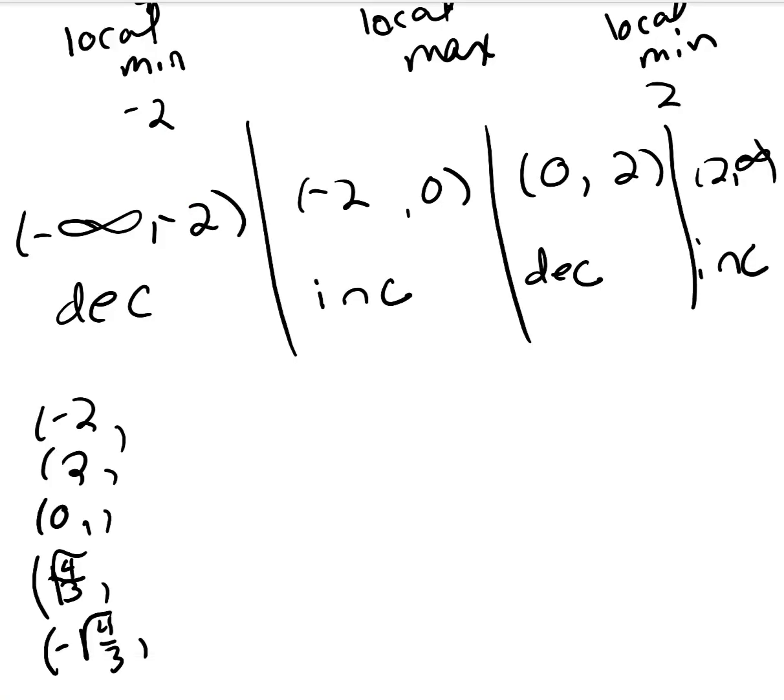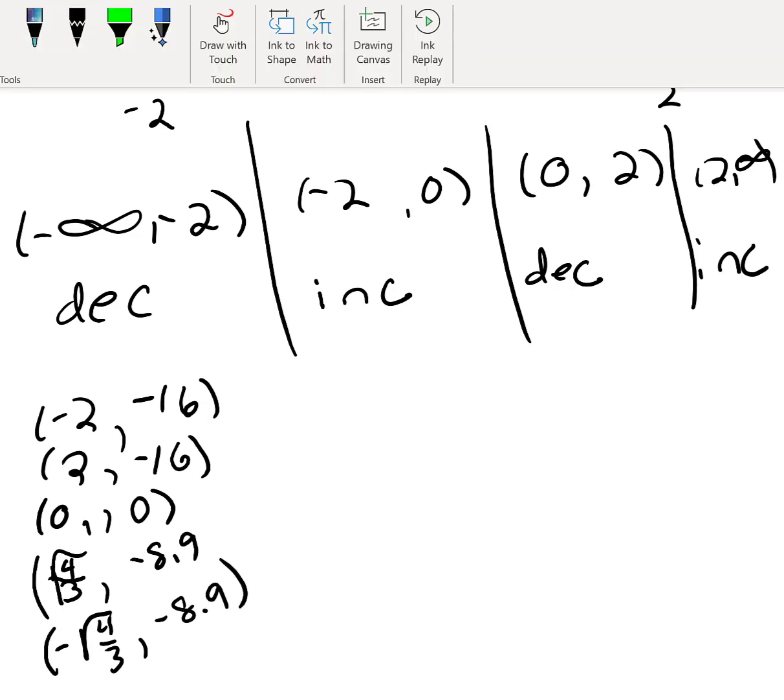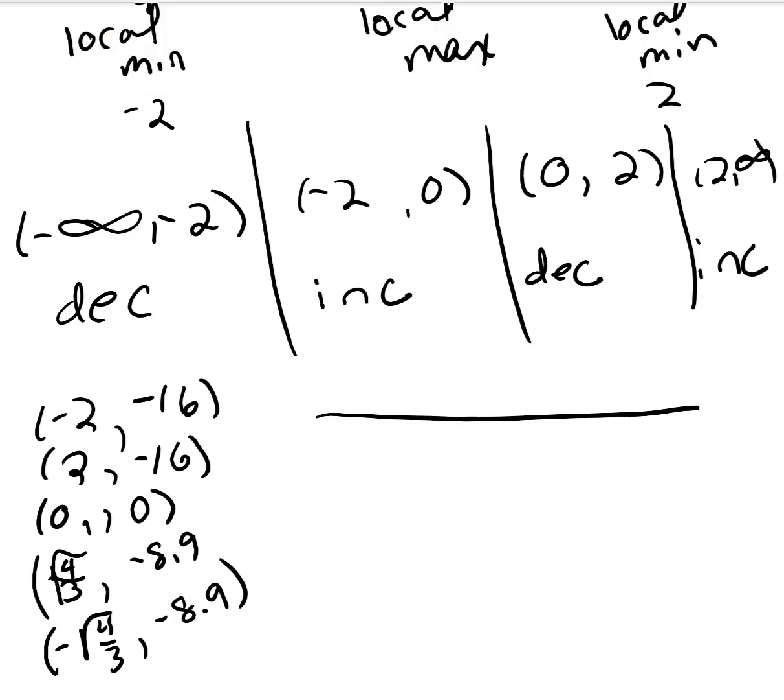So now we know -2 is -16, +2 is also -16, 0 we know is 0, and square root of 4 over 3 and negative square root of 4 over 3 is about -8.9. Looking at my numbers, I see -16, -8.9, and I know this graph needs to have more under the y-axis than above it.